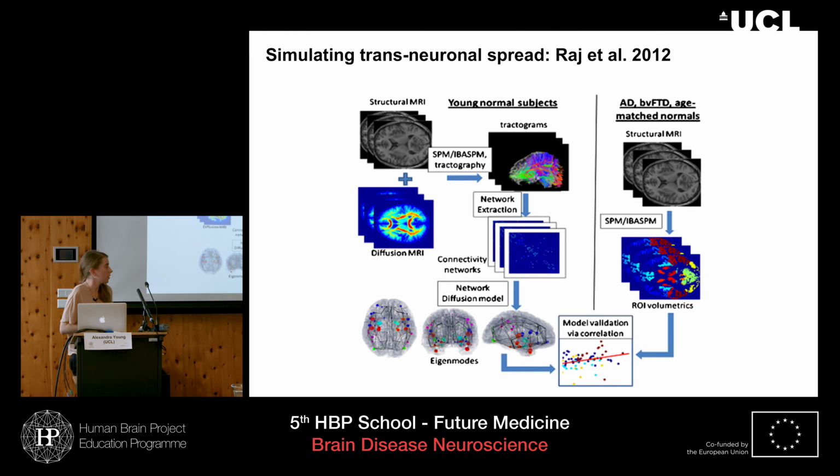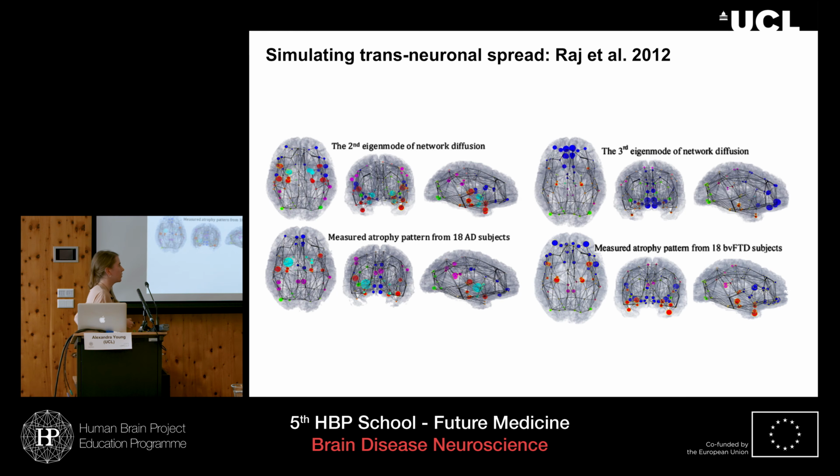So the opposite approach is simulating progression along brain networks. This model is based on the assumption of the transneuronal spread hypothesis, so prion-like progression. It performs the same type of analysis, but you simulate what the progression pattern would be and then compare with the observed atrophy patterns.